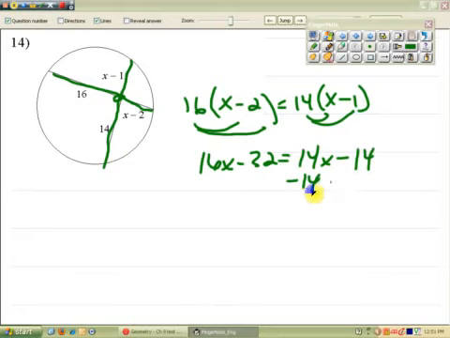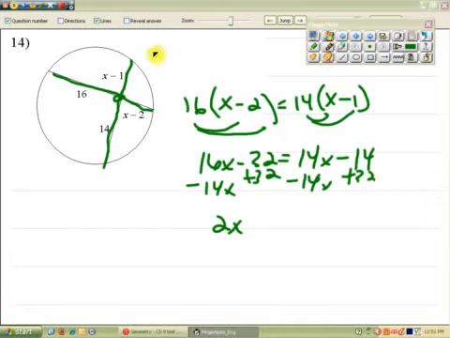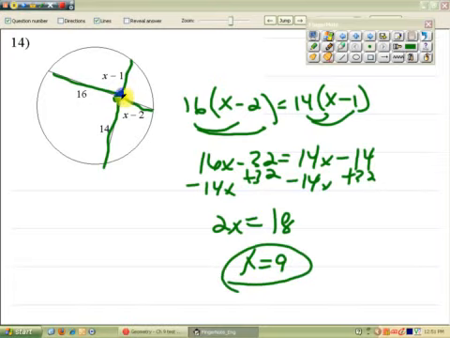You want to subtract 14x, 2x, add 32. That's 18. Divide that by 2, x is 9. So again, when the lines cross on the inside of the circle, you multiply each part of the segment together.